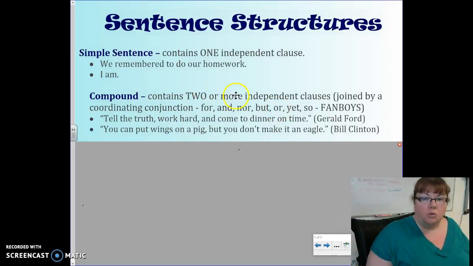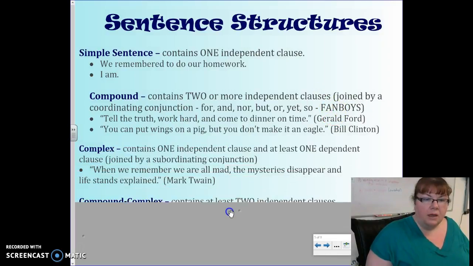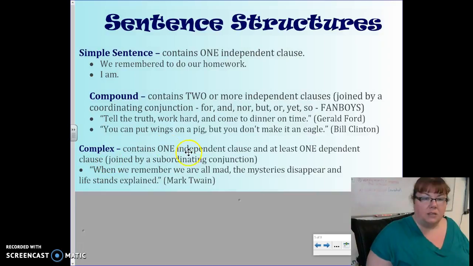So compound is two or more independent clauses, and it's always joined by a coordinating conjunction, which we call FANBOYS. The next one we have is complex, so it's one independent and at least one dependent. This is where our subordinating conjunctions come in, words like when.